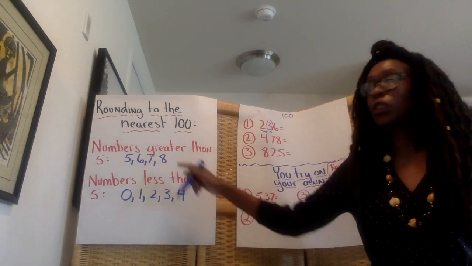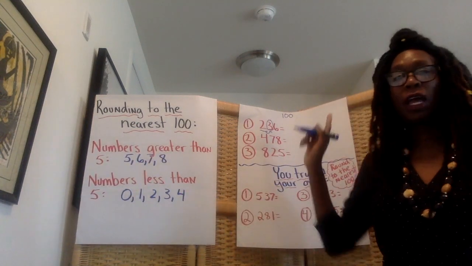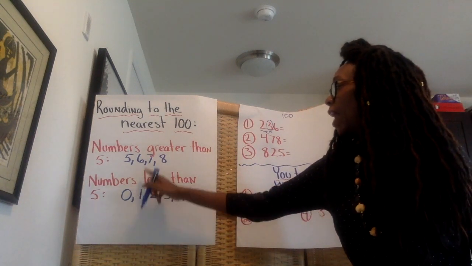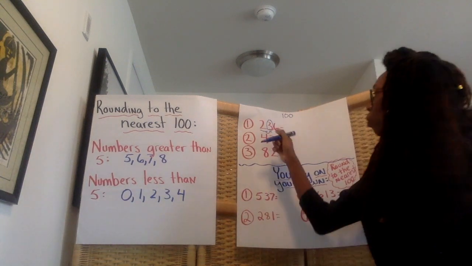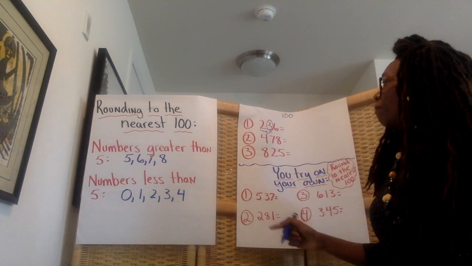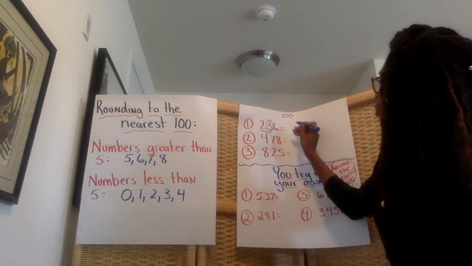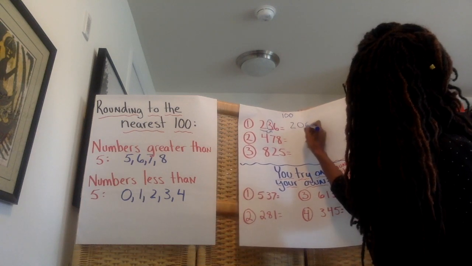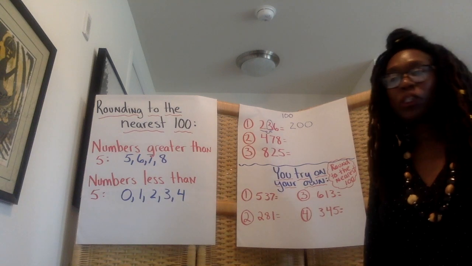So if you go back here to our notes, if it's greater than 5, 6, 7, or 8, you round up. If it's less than 5, 0, 1, 2, 3, 4, you round down. So for this one, the 3 is lower than 5, so I'm going to keep this number the same. So my answer is going to be 200.